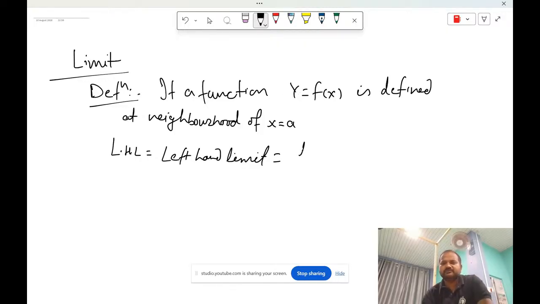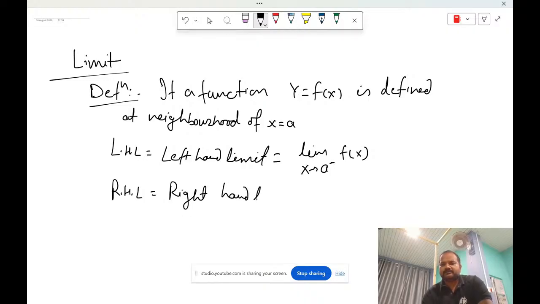Left hand limit is denoted by limit x tends to a minus f of x, and the RHL, the right hand limit, is denoted by limit x tends to a plus f of x.